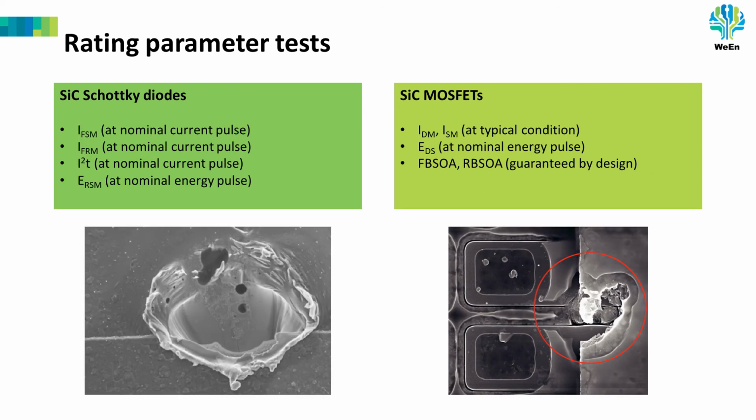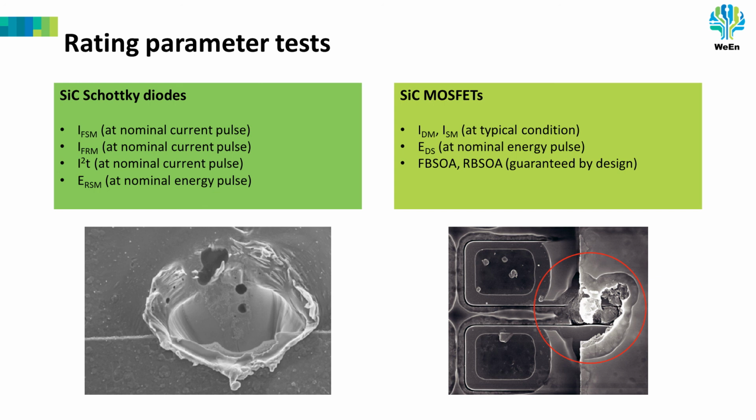Rating parameter tests are done for both silicon carbide Schottky diodes and silicon carbide MOSFETs. For the diodes, for example, we do the IFSM, inrush current, IFRM, I2T, fusing, and ERSM. And for silicon carbide MOSFETs, for example, we do IDM, ISM, EDS, and safe operating area.